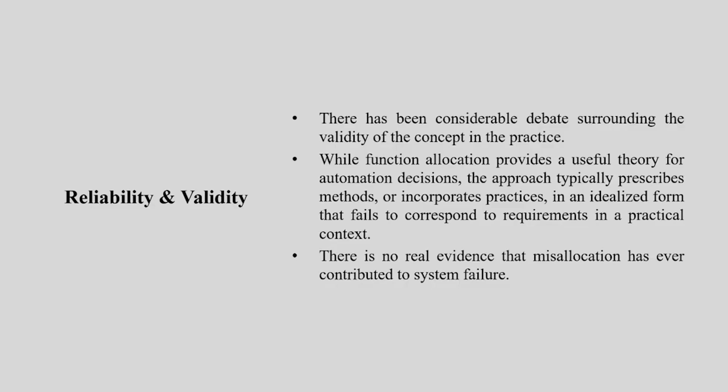For those cases, this particular process may fail, and there is no real evidence that misallocation has ever contributed to a systemic failure, because we, being human, have always a nature to handle the situation.